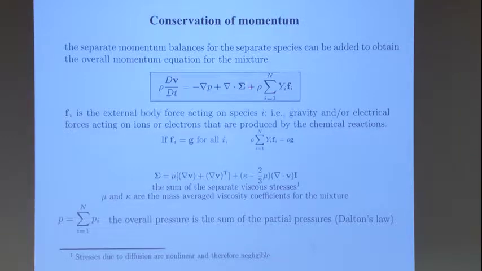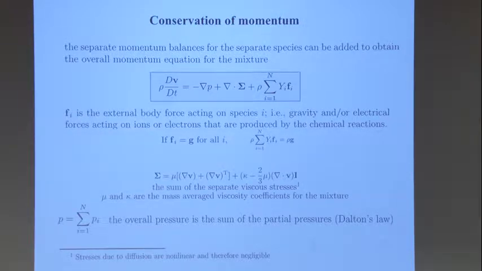In the viscous term, you're going to have a divergence of the sigma i, and the assumption is that the different sigma i, the sum of the separate viscous stresses, form an overall stress for the mixture, which we refer to as sigma, and the mu here is going to be clearly something like the sum of mu i Yi.